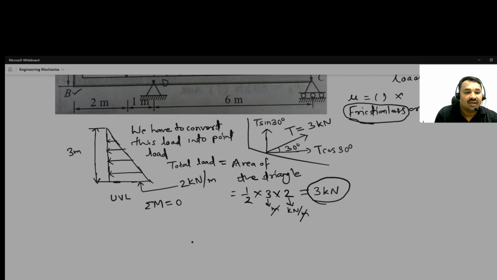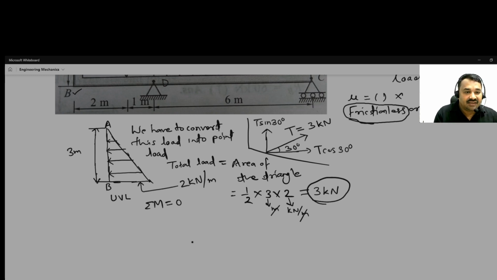Okay, this is the point B, this is A. You can see the intensity starts from A to B, and this is a linear line. Linearly it is varying.